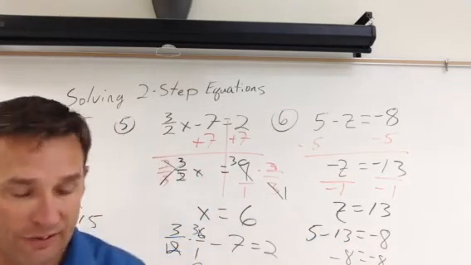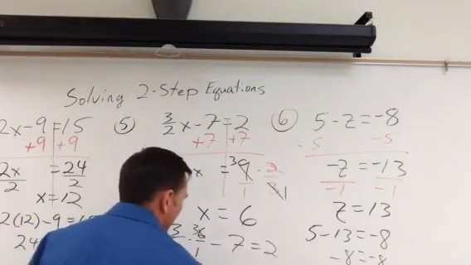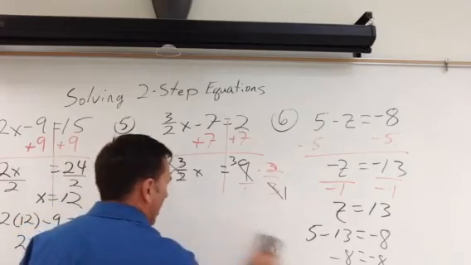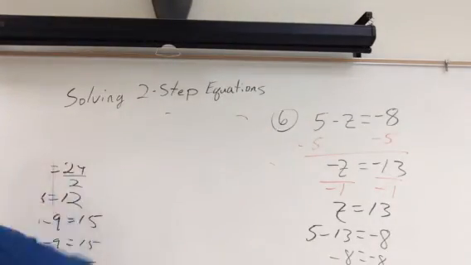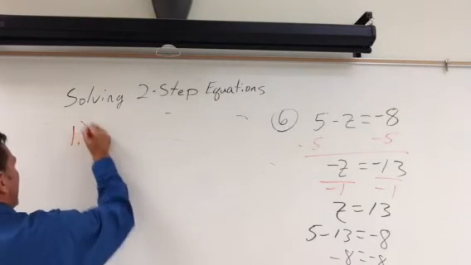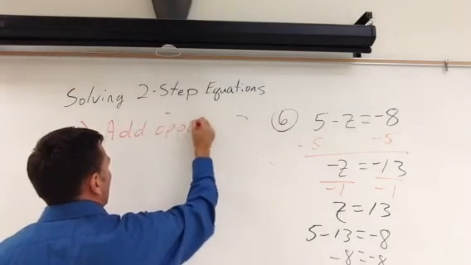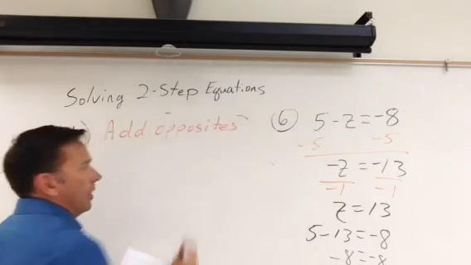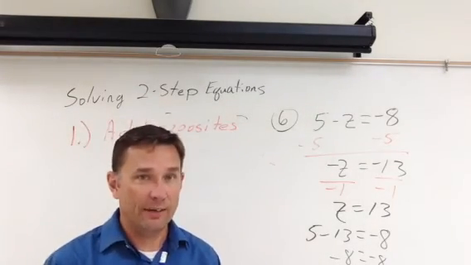Now coming back to this. Hopefully, when we're looking at these steps, you start seeing a pattern. Whenever possible, our first step in problems like this is going to be add opposites. We want to get the x's on one side, the numbers on the other side.